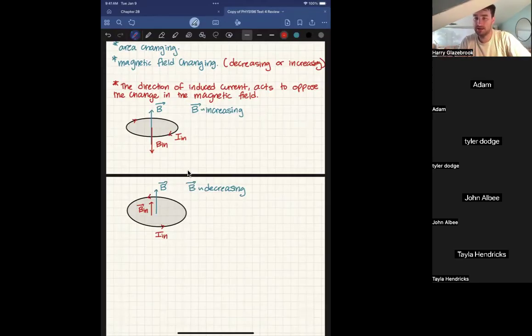If I'm going in a loop, I put my thumb along the direction of the current and I wrap around. If I'm going counterclockwise, my magnetic field is going to wrap and point up through the loop. So that's going to be for the second example here.